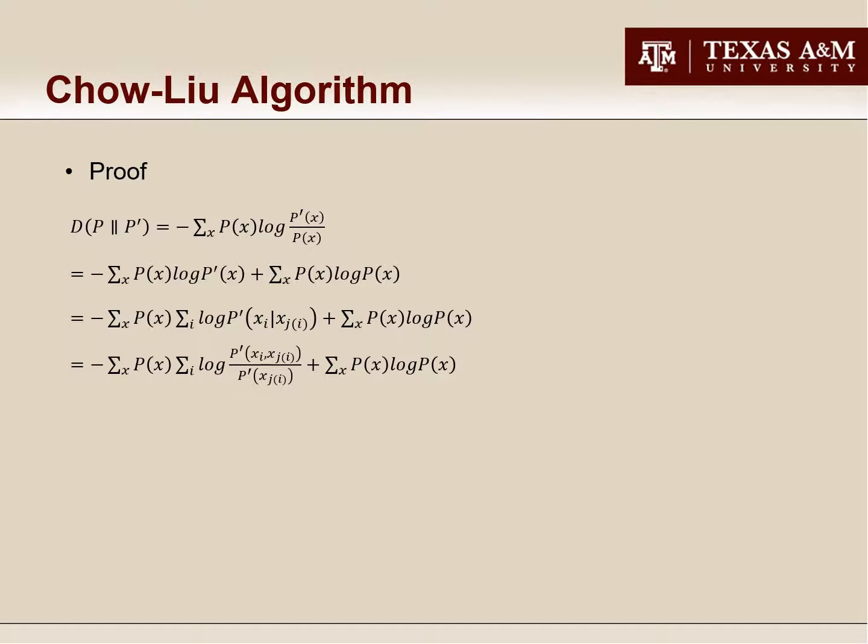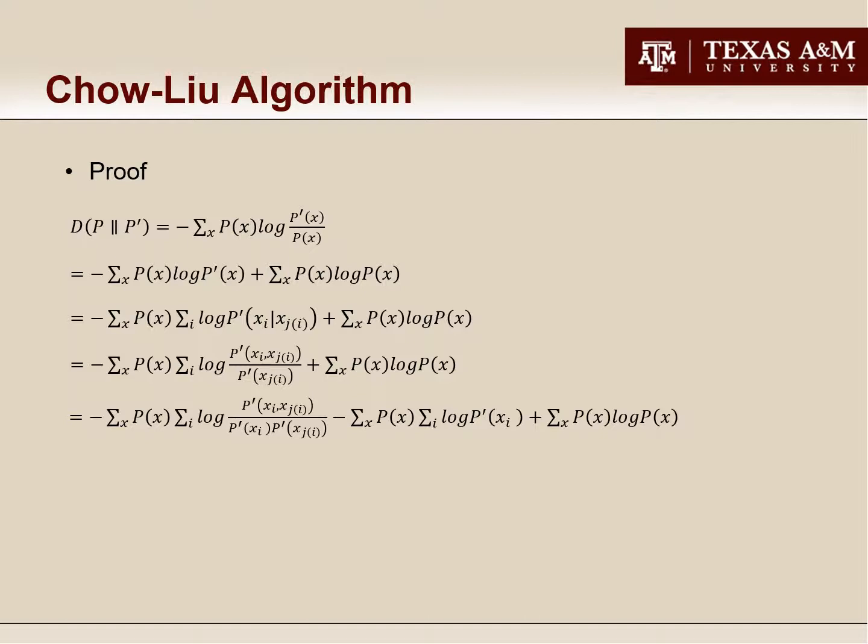Then P'(xi given xji) is equal to P'(xi, xji) divided by P'(xji). And we can add one term P'(xi) into the denominator of the first term.